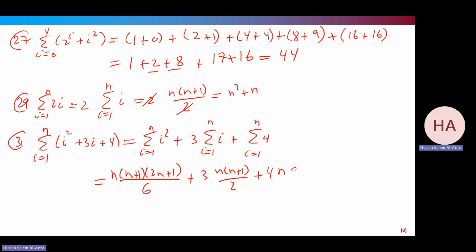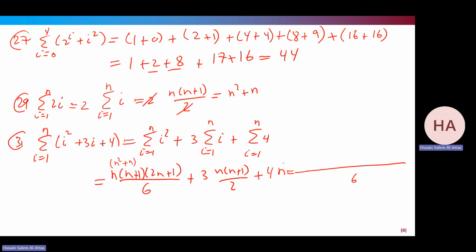I can make a common denominator. What will you get? n times n plus 1, that will be n squared plus n. That will be n squared plus n times 2n plus 1. Let me make some space, because I will do it at the same time.